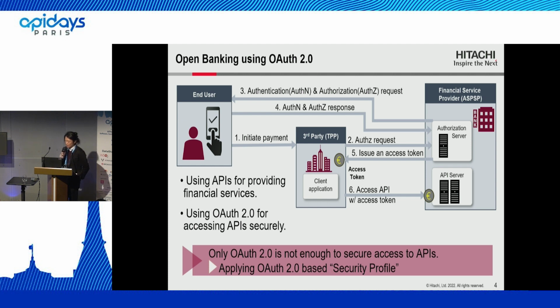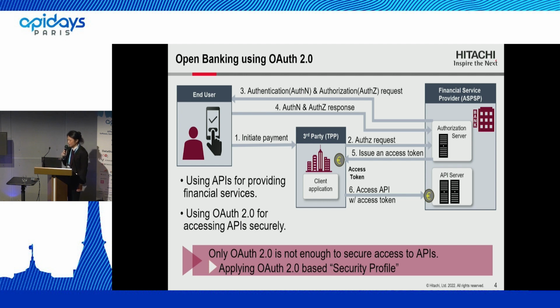In this open banking use case, the end user of a financial service provider wants to access financial services provided by this financial service provider. In order to do that, end users use a third-party client application.